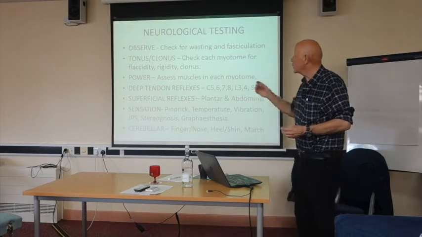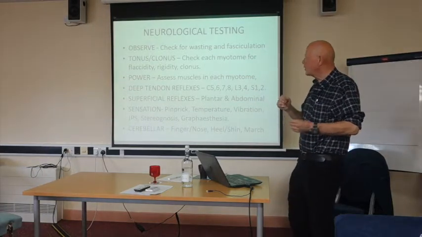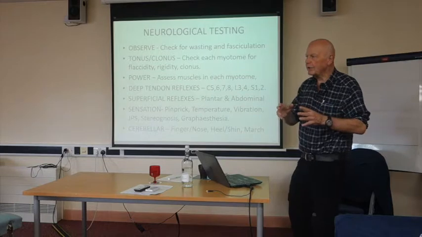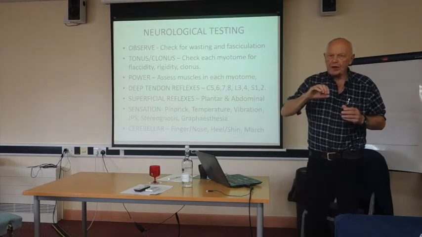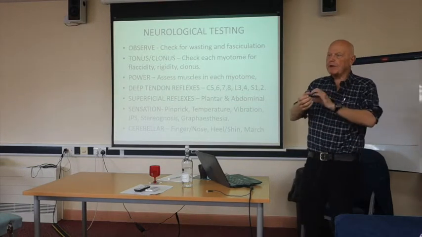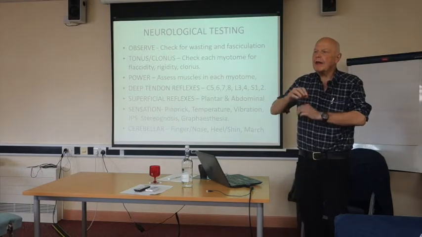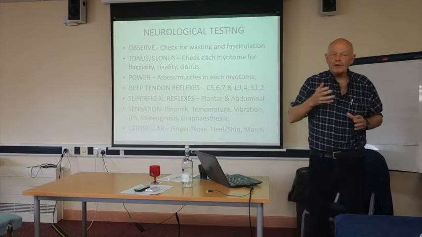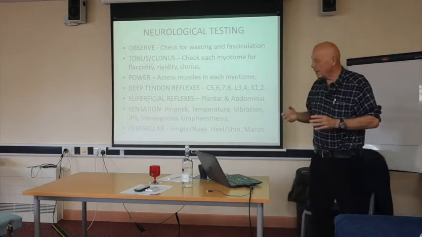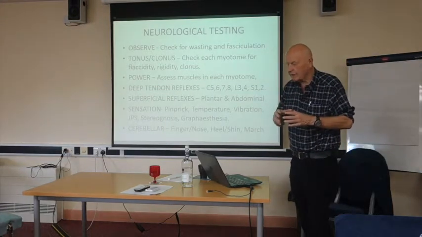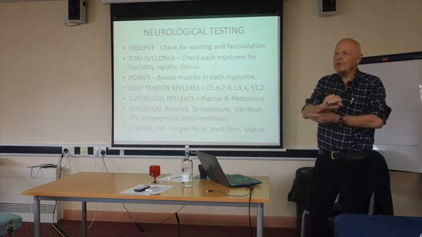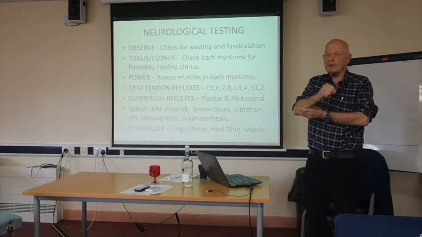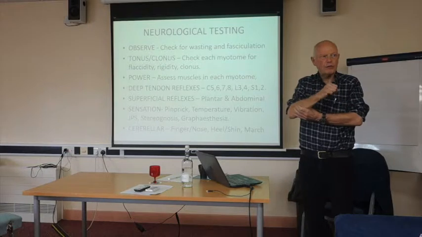So if I pick somebody's arm up and move it around, I'm checking for that normality. If it's looser than I expect, if the muscles are very flaccid, it might move more easily. If the muscles are being over-stimulated, it might be much harder to move. It might be stiff or rigid to move.